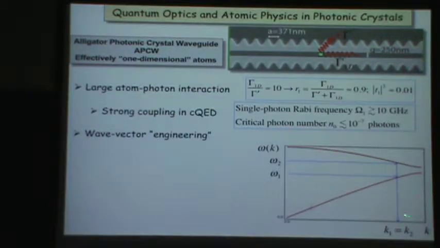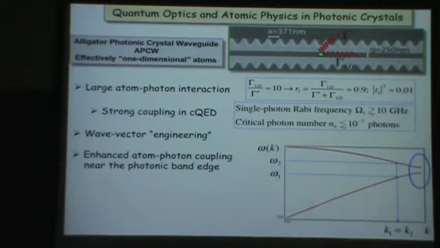Now there are interesting things to do. The first is if you go to the band edge, you notice that this goes flat. This is omega, this is k. d omega/dk is the group velocity, and just at the band edge, the group velocity goes to zero. So the group index goes to infinity, and that's the enhancement per photon. That's called the Van Hove singularity.